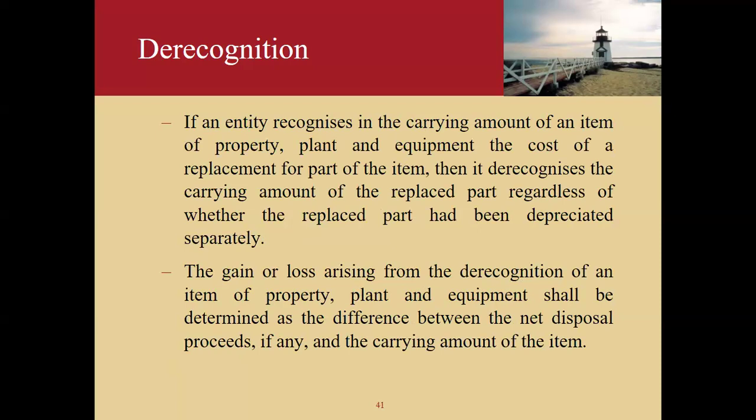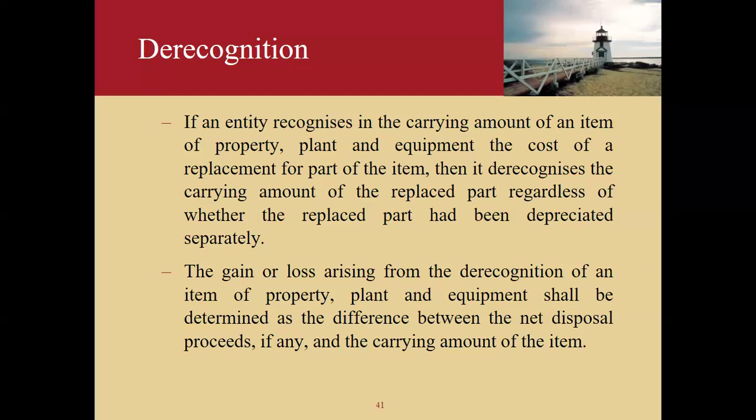If an entity recognizes in the carrying amount of an item of property, plant, and equipment the cost of a replacement for a part of the item, then it derecognizes the carrying amount of the replaced part, regardless of whether the replaced part had been depreciated separately. The gain or loss arising from the derecognition of an item of property, plant, and equipment shall be determined as the difference between the net disposal proceeds, if any, and the carrying amount of the item.